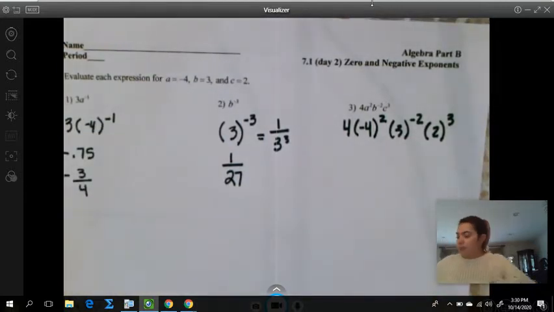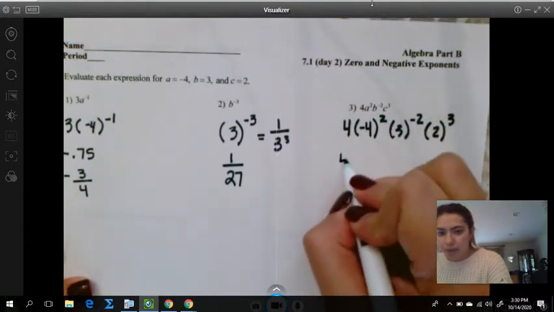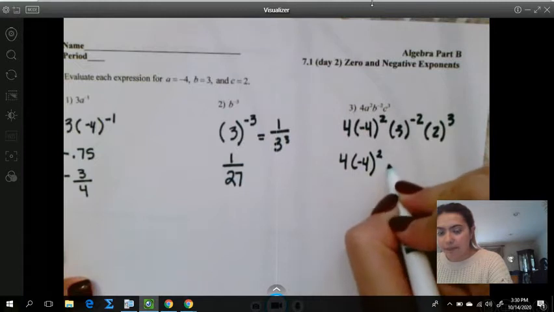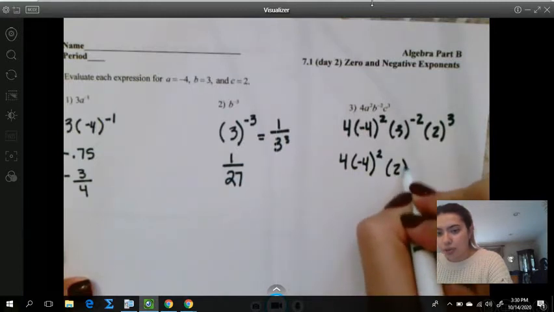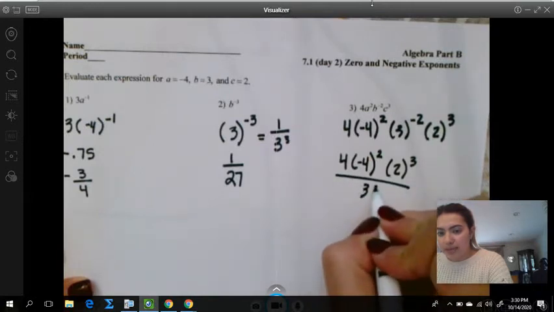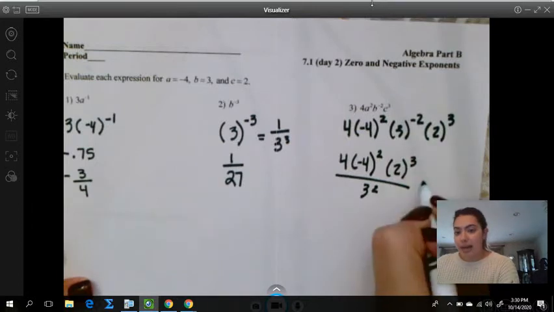We can leave this first chunk on top: 4 times -4 squared, times 2 cubed, all over 3 squared, because remember, this -2 moves it down to the denominator.